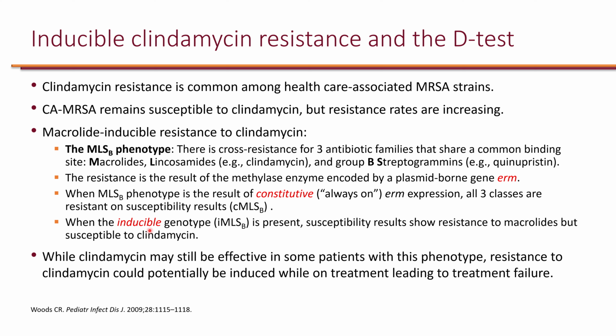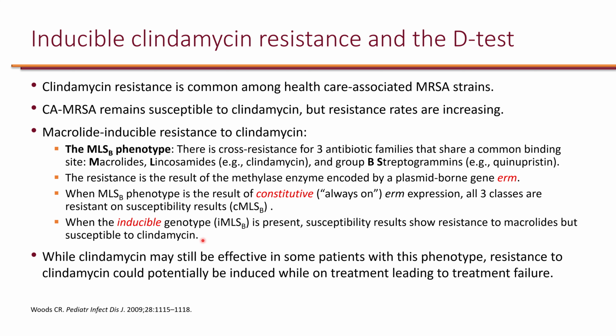So the problem is, if it's inducible and you get your susceptibility results back, it may show resistant to macrolides, but susceptible to clindamycin. And that's a problem, because then you might say, okay, it's resistant to macrolides, so we don't use macrolides, but we will use clindamycin.